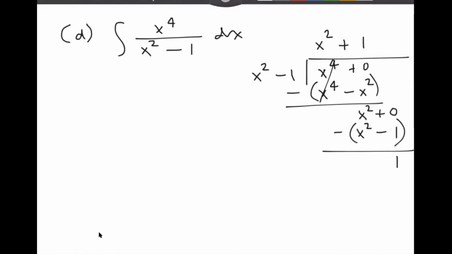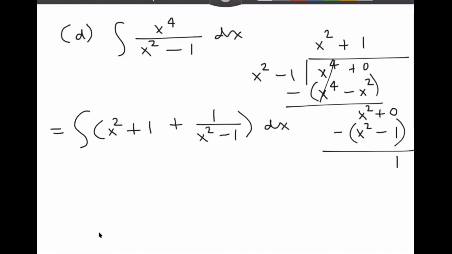All right, so that means instead of integral x to the 4th over x squared minus 1, we want to think of this as integral x squared plus 1, which is the quotient, plus 1 over x squared minus 1.